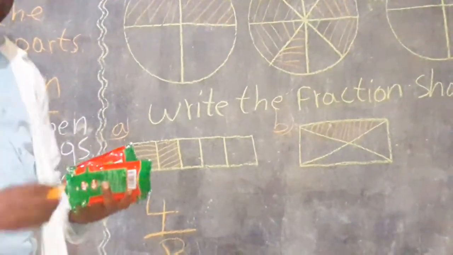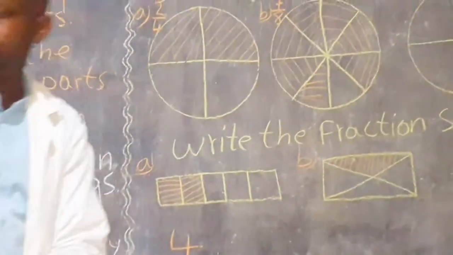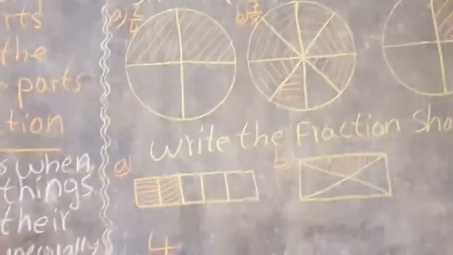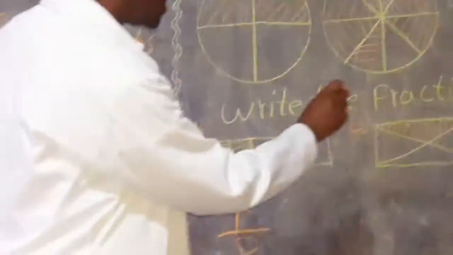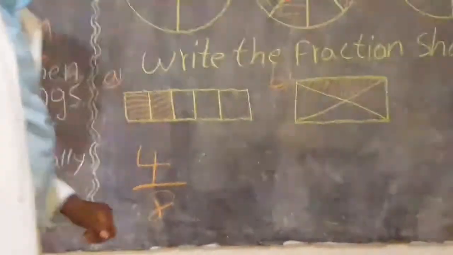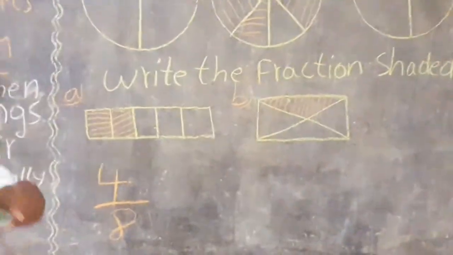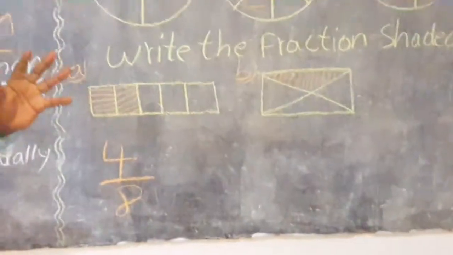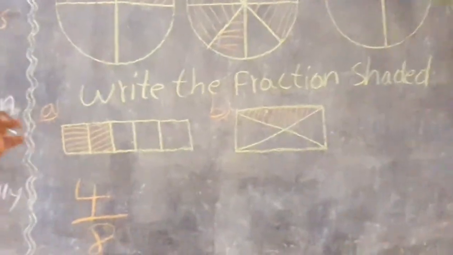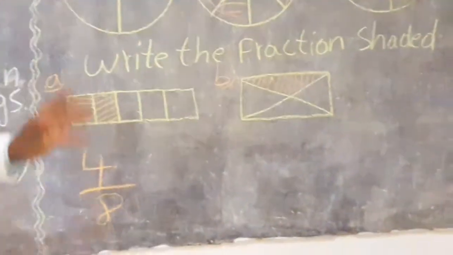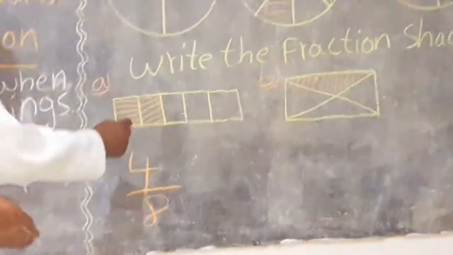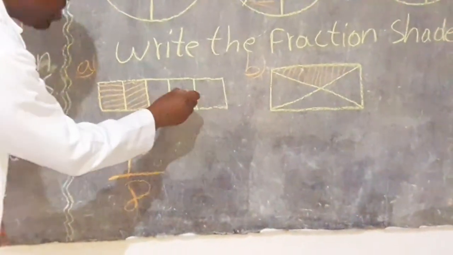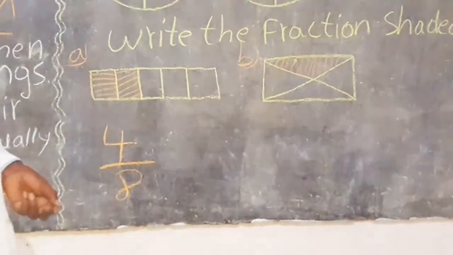And here, look here, write the fraction shaded. When they ask you to write the fraction shaded, first you have to think about how many parts do I have. 1, 2, 3, 4, 5.